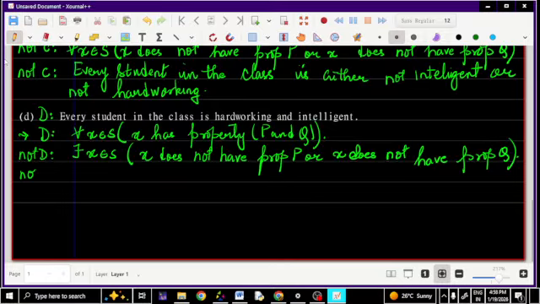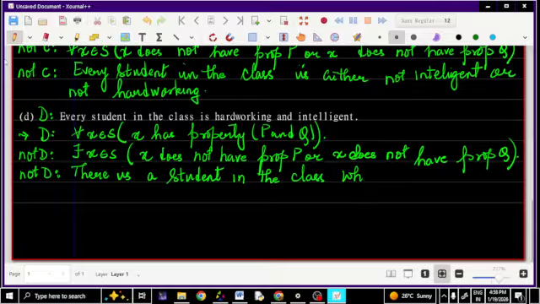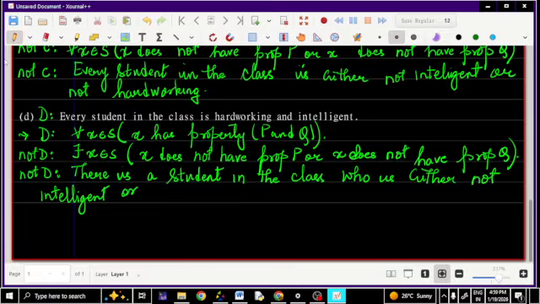So now using plain English, we have to frame the negation of this. So there is a student in the class, at least one student is there in the class, who is either not intelligent or not hardworking.